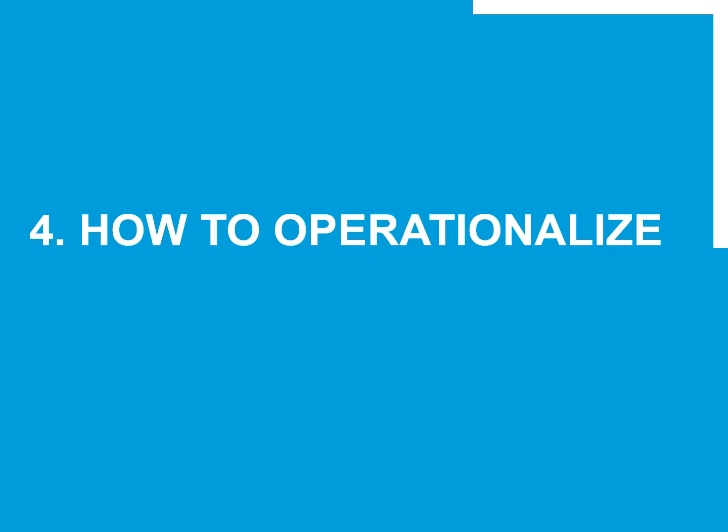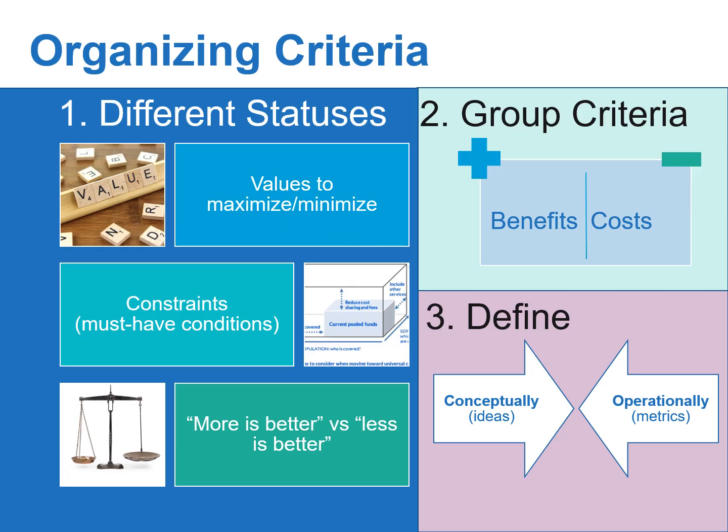Finally, let's look at how to move from abstract criteria to practical operational measures, which means turning broad concepts like improved access or enhanced equity into indicators that we can actually measure. When moving from broad policy debates to analysis, we need to organize our criteria. Some criteria are values we want to maximize, like health gains, while others are things we want to minimize, like administrative burden.